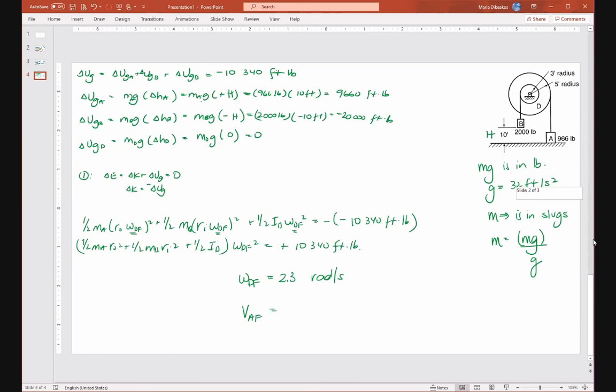So we have this, which means therefore that our final speed of block A, actually block B, when it hits the ground. Oh no, we want block A's value when B hits the ground, sorry. Well, we have our R and our omega f. Actually, we should write this as feet. And so what do we get?